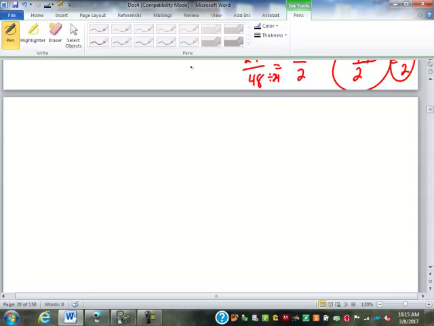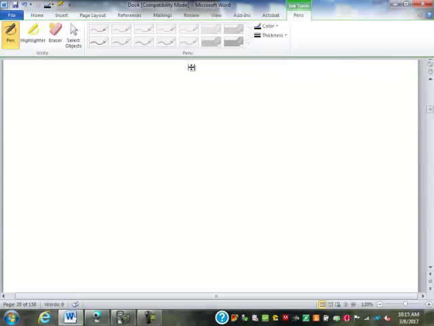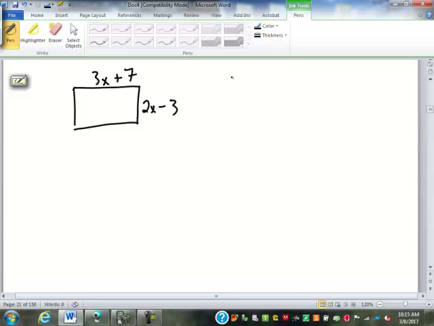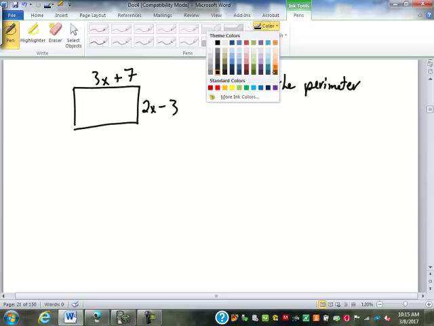So, some word problems. If I give you a rectangle that has a length of 3x plus 7 and a width of 2x minus 3, find the perimeter.